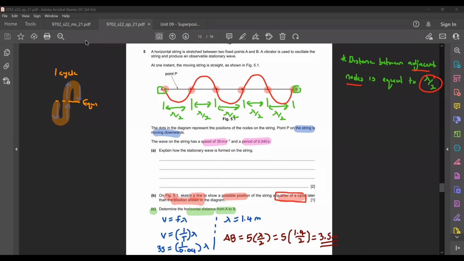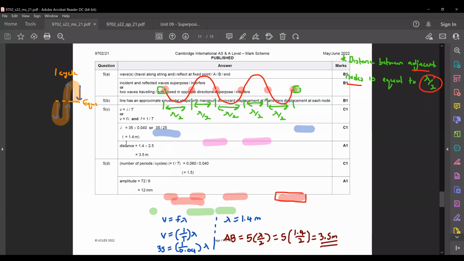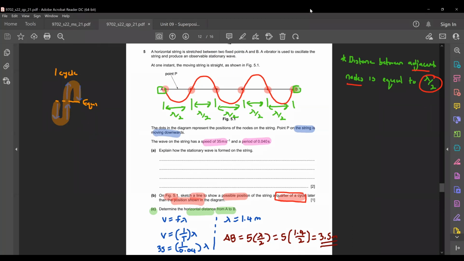So let's check the answers from the marking scheme. Yes, it is 3.5 meter. You're supposed to use v equals f lambda, find out what lambda is, and then knowing that the distance between A and B here is actually 5 half lambdas, you're going to get 3.5 meter. All right, so that's for this question.